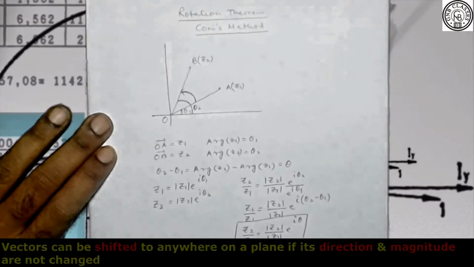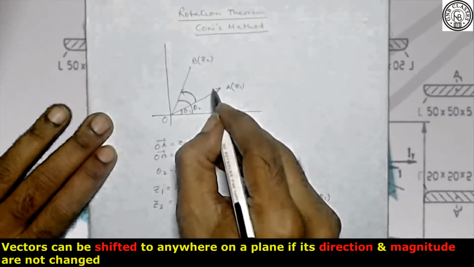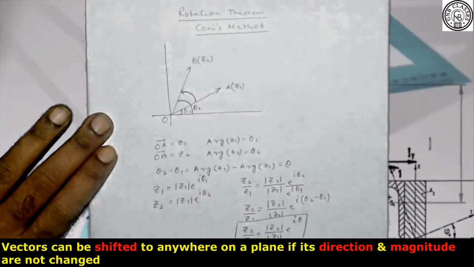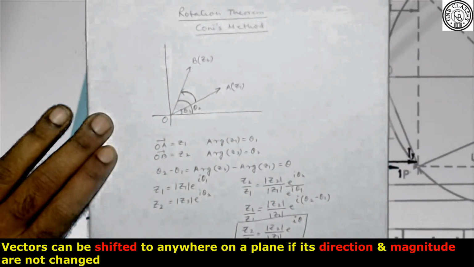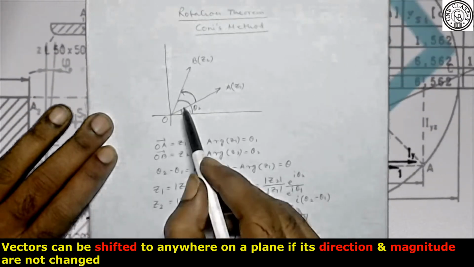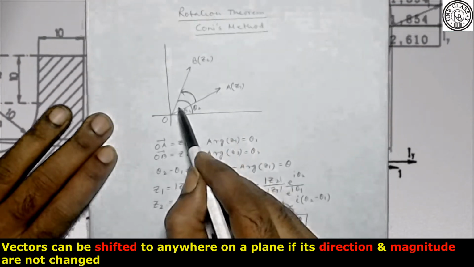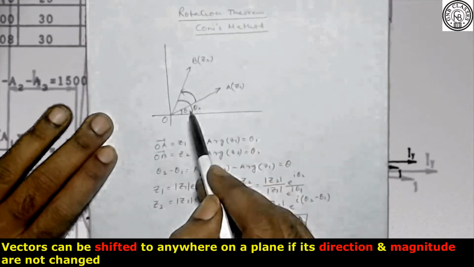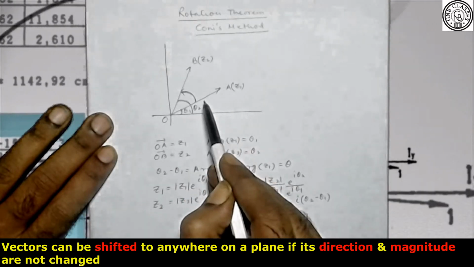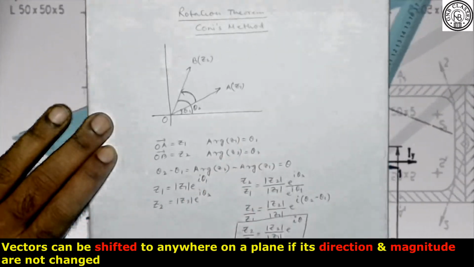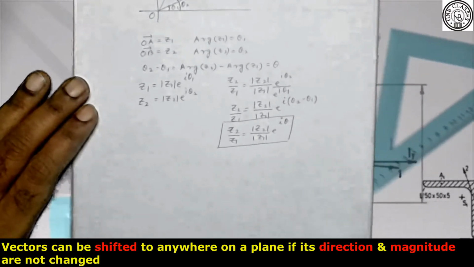Now, as we all know, vectors can move along a plane anywhere if their direction and magnitude are not changed. So the vector OA can move anywhere on the plane if its direction and magnitude remain the same. So what I am doing now is moving the OA vector.